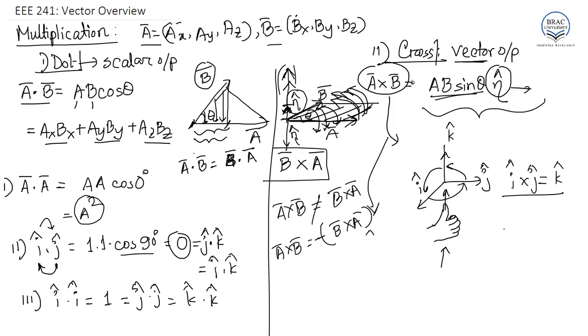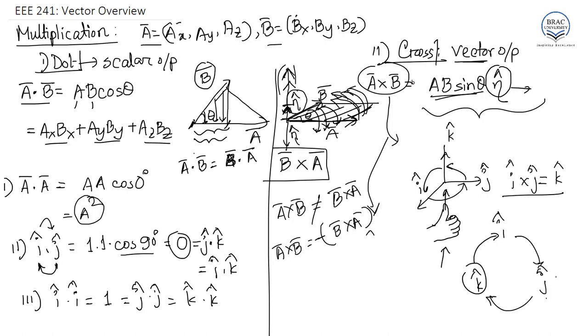The way is to just write i down, give an arrow over here, write j, another arrow, write k over here, another arrow which finishes at i. Whenever you cross i and j, you will get the result as k. Whenever you cross j and k, you will get i, and whenever you cross k and i, you will get j.